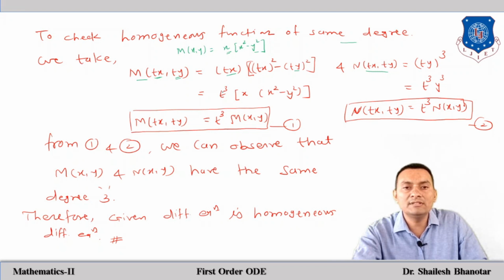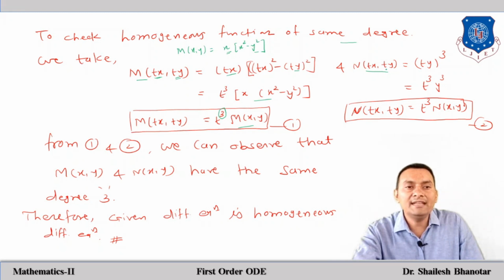So t square into t will be t raised to cube, and the remaining is exactly M of x,y. So we have obtained that the common degree is t raised to cube, only 3, that is a function t raised to cube.